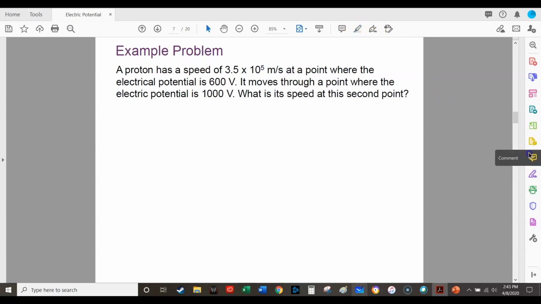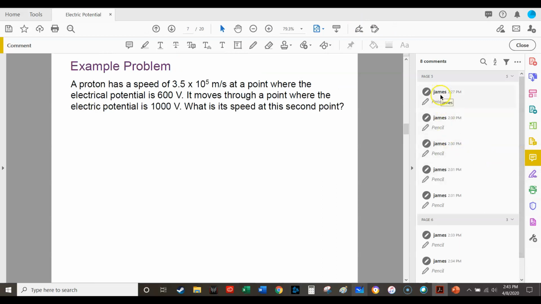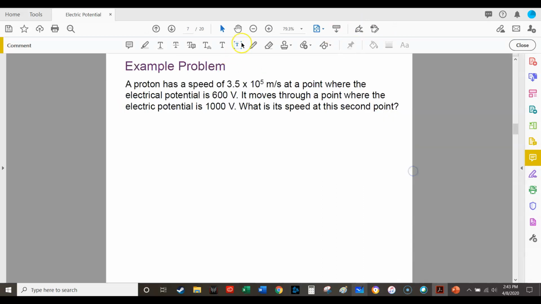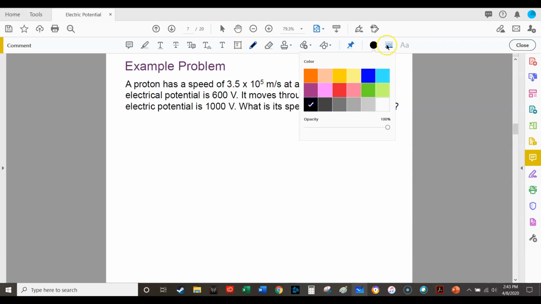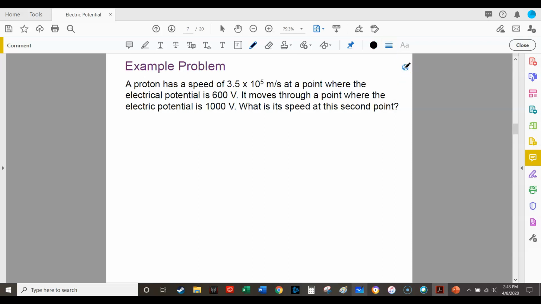Okay. Well, I am going to mark this document up. I'm going to move that back, and I'm going to go ahead and create some pie charts. So the pie chart we're going to use initially, what they're saying is the object's got an initial pie chart, and it's got a final pie chart. This represents the initial energy.